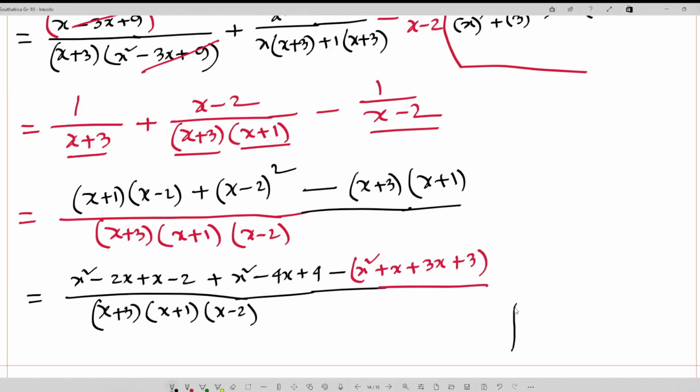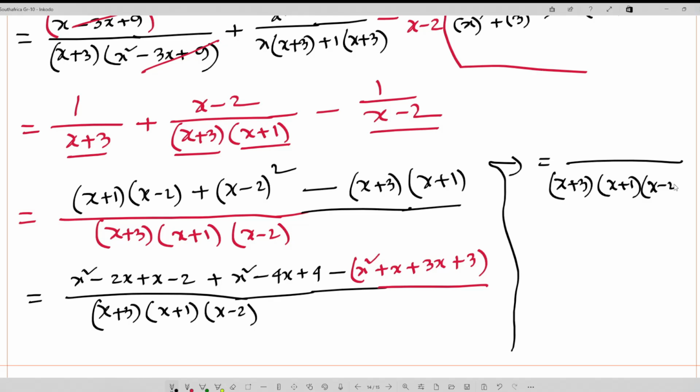Then we can write here x plus 3, x plus 1, then x minus 2, and in the numerator here is x square and here is x square, so we can write 2x square, minus 2x minus 4x and plus x, right.